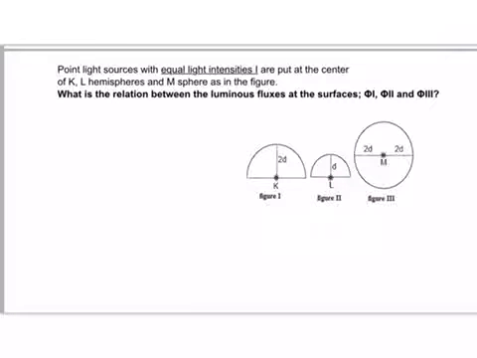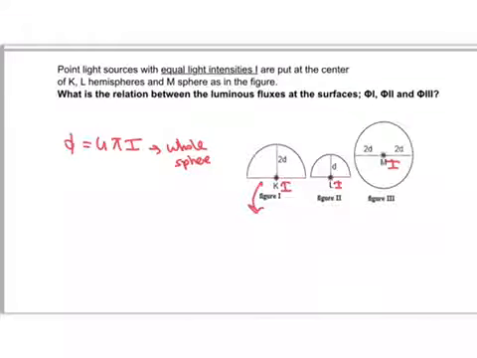Point light sources with equal light intensities I are put at the center of K, L hemispheres and M sphere. Now we are going to find the relation between their luminous fluxes. The luminous flux is related to 4π times the luminous intensity, for a whole sphere. But now here I have a hemisphere.